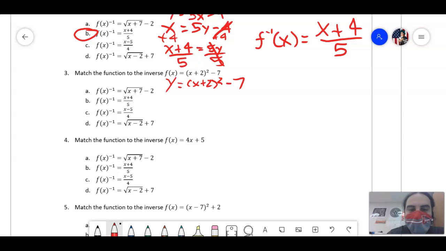Actually, sorry, first we need to switch. Sorry, flip x and y. We have x equals y plus 2 squared minus 7. First thing we do is get rid of that loner, that constant minus 7, the opposite, so we add 7 to both sides. So x plus 7, you bring that down.